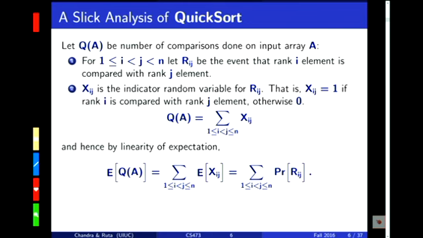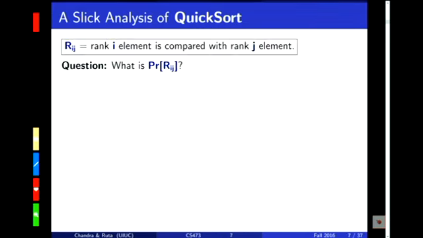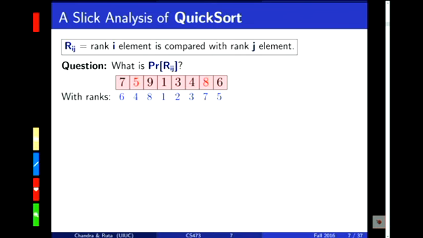So let's try to compute the probability of Rij. Let's see what is actually happening. When does this event happen and when does it not happen? Suppose I have this unsorted array: 7, 5, 9, 1, 3, 4, 8, 6. These are the elements' positions in the sorted order: 1 is the smallest, 3 is the second smallest, 4 is the third smallest, then 5, then 6, then 7, 8, and then 9.